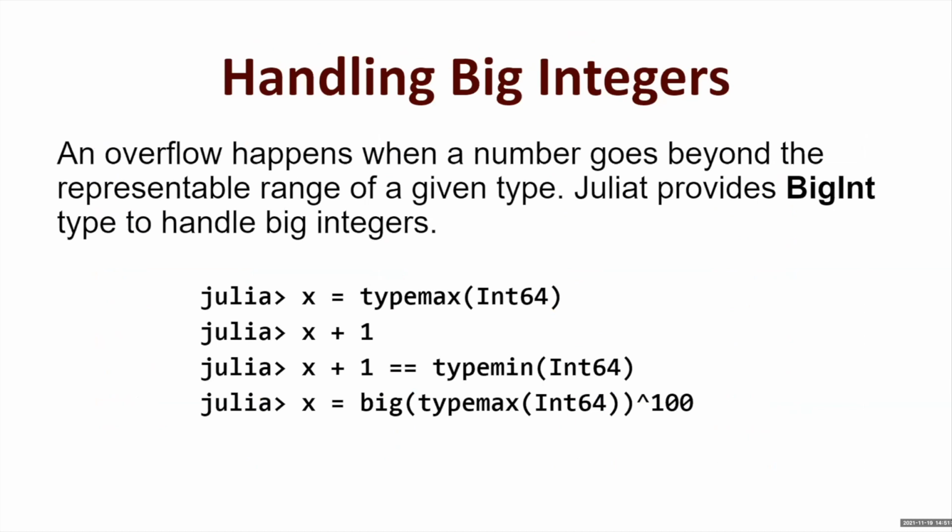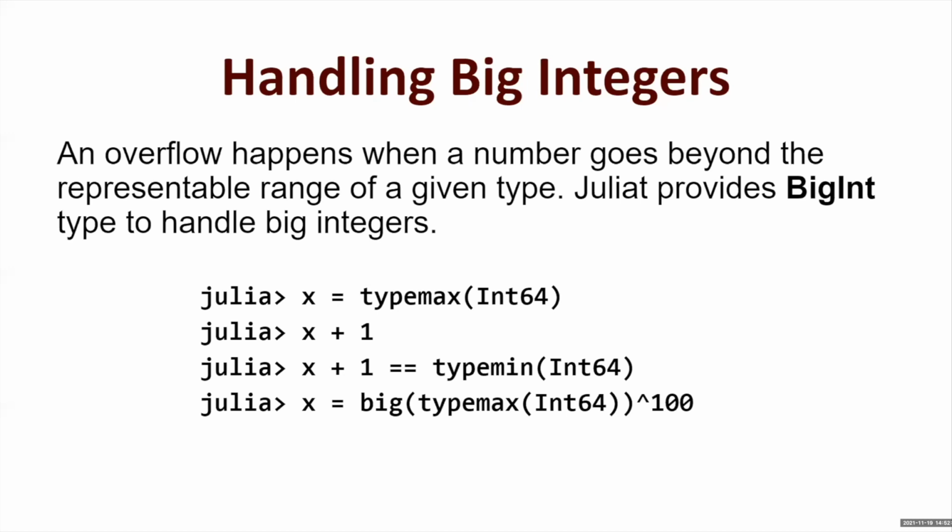Okay, so to handle big integers, this is something I want you to try. This is the fun part of Julia. For a given data type, like Int64, if you use typemax, this will give you the maximum numerical value this Int64 can support. Now, if you add 1 to this, you'll get some interesting output. You can try that.